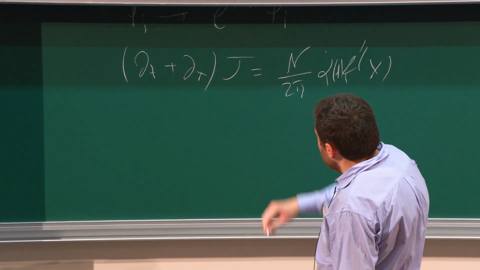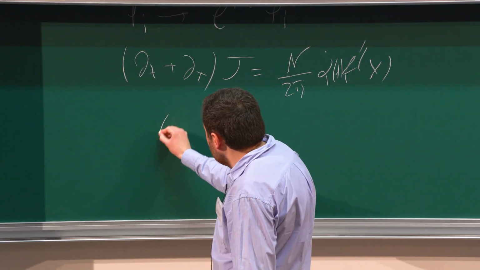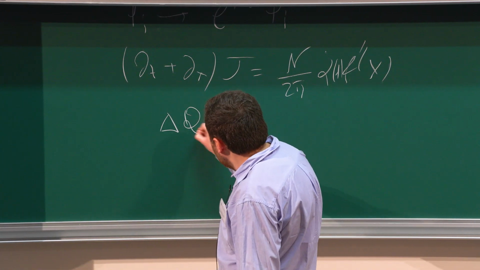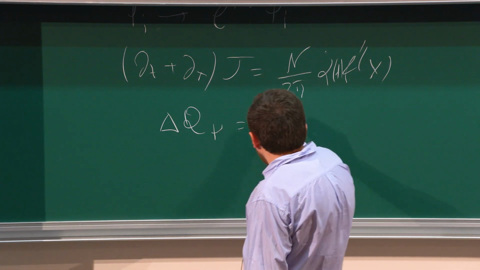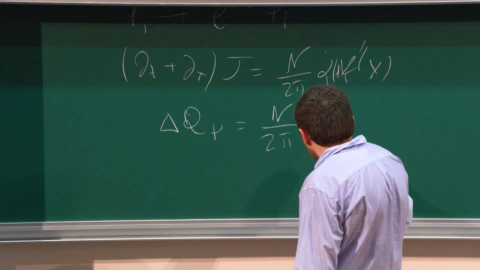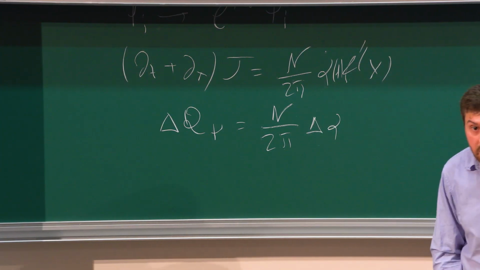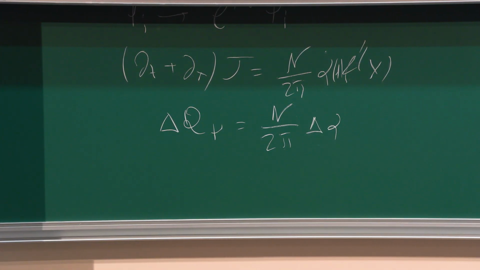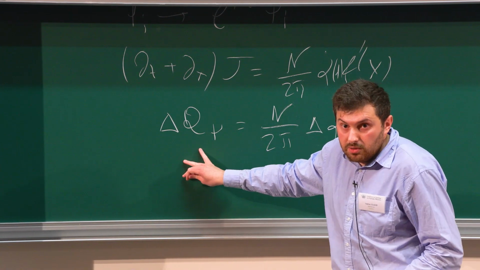Now you can do very easy manipulations, and you will find that the corresponding charge before and after scattering changes by n over 2 pi delta alpha. So non-trivial winding of alpha breaks fermion number. So in this theory, you have instantons that violate fermion number conservation.